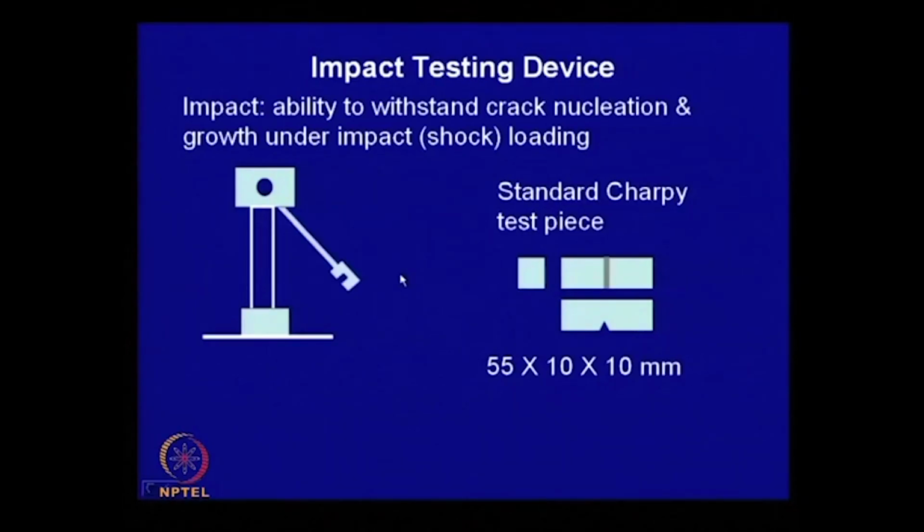And there is a little animation of this impact testing device, where there is a pendulum kind of arrangement.